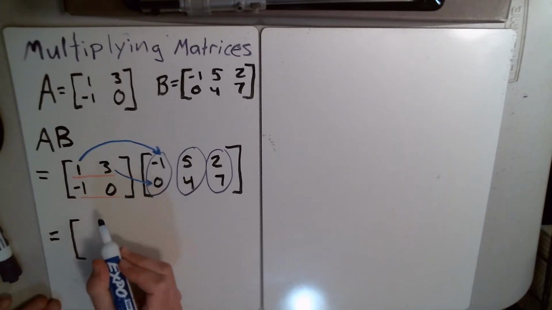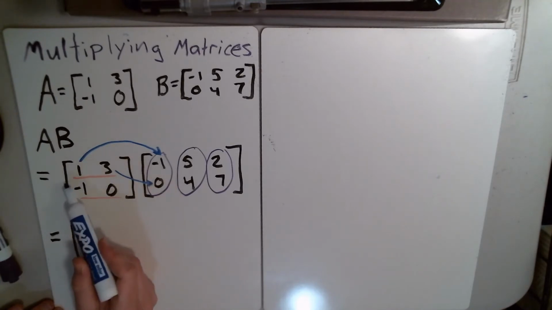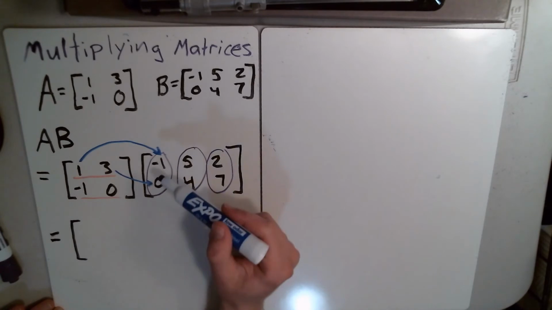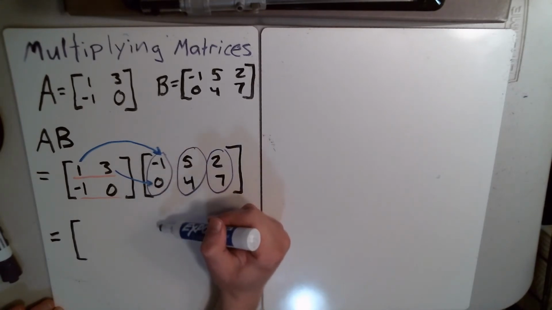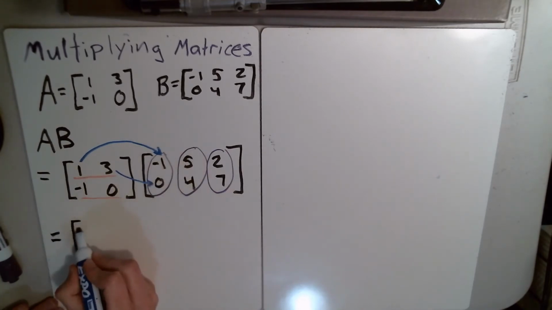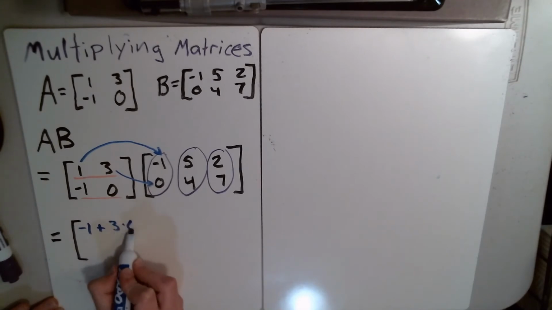So in other words, for the first entry of this new matrix, I use the first row of the left matrix and the first column of the second matrix. So I would do 1 times -1, so -1, and then plus 3 times 0, or 0.